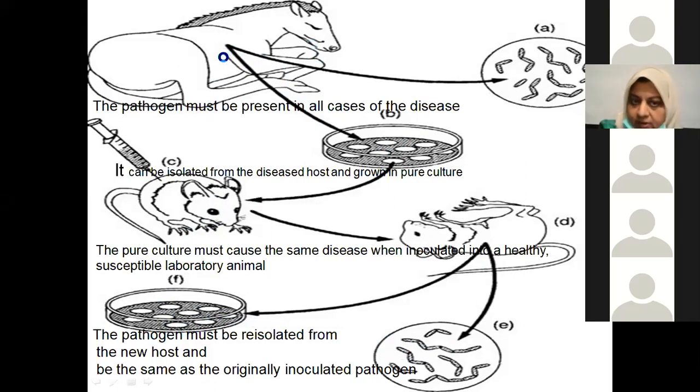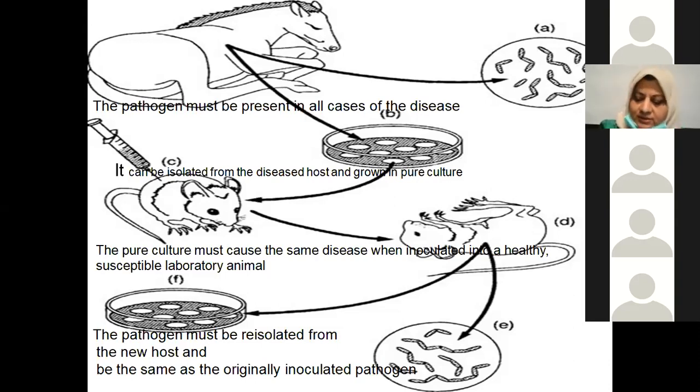So this was in the beginning of the microbiology era, in which people were trying to solve how this infection occurs, and can these pathogens be isolated? Can we know what type of pathogen is causing disease?